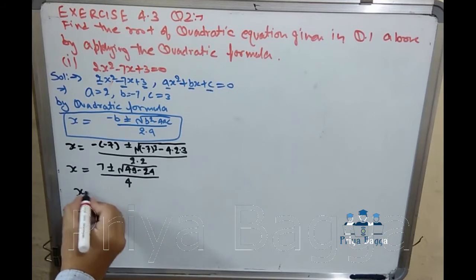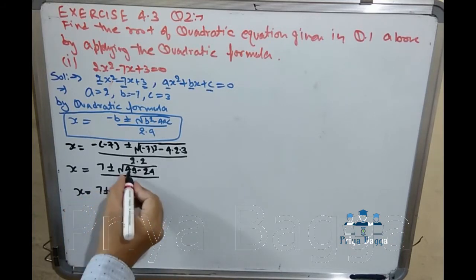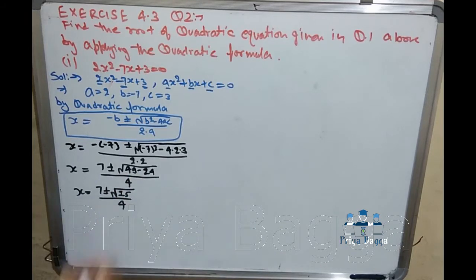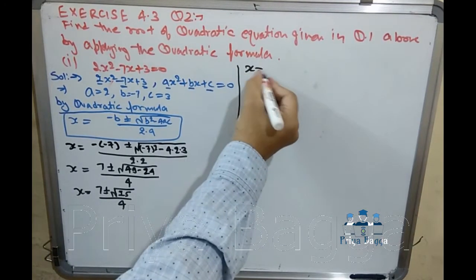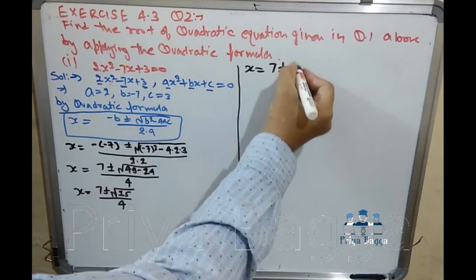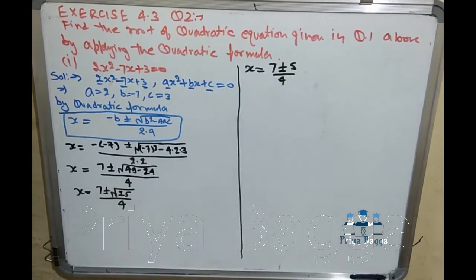So x is equal to 7 plus minus square root of 49 minus 24 is 25, divided by 4. Which implies x is equal to 7 plus minus square root of 25 is 5, upon 4. So x has two values.